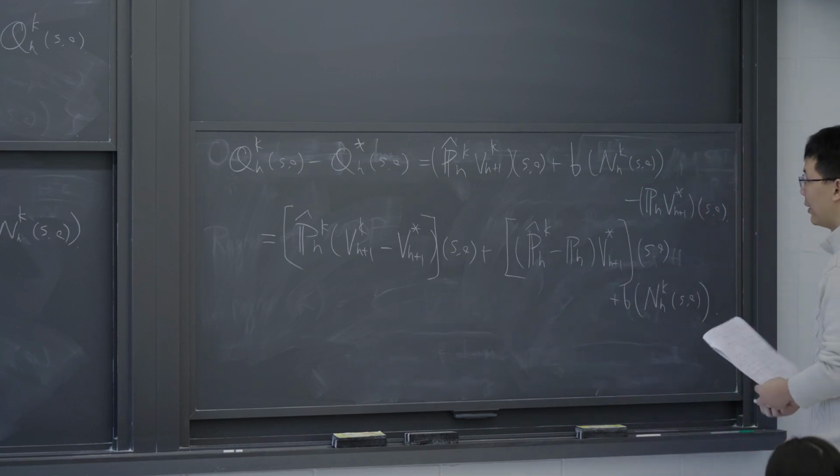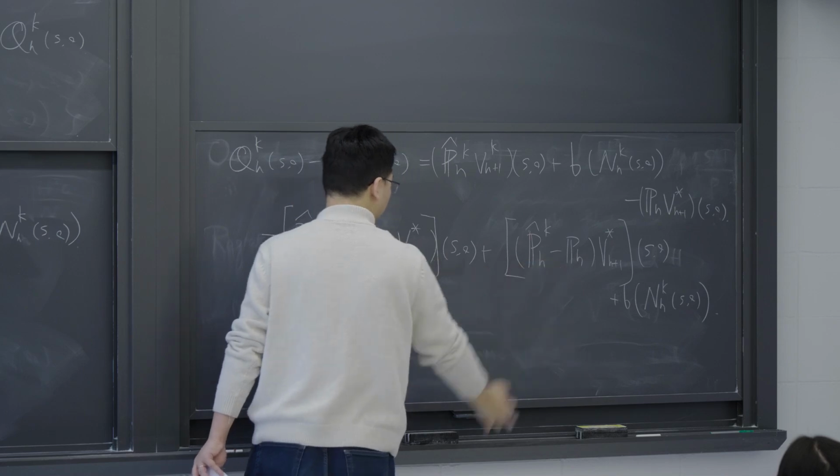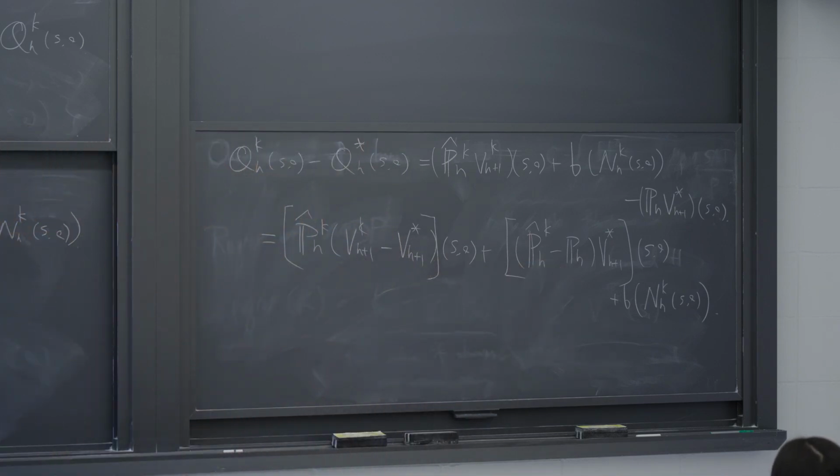Okay, so all I'm doing is we subtract this P hat V star and add the P hat V star back. So I didn't do anything. It's just we decompose the difference into two parts.